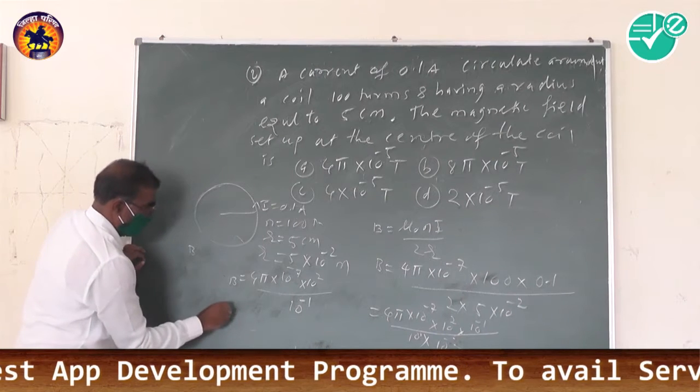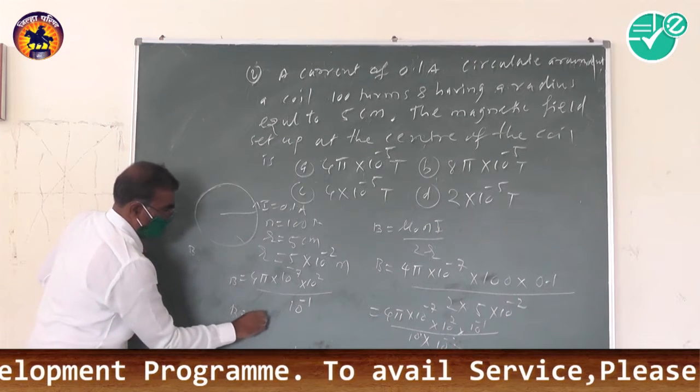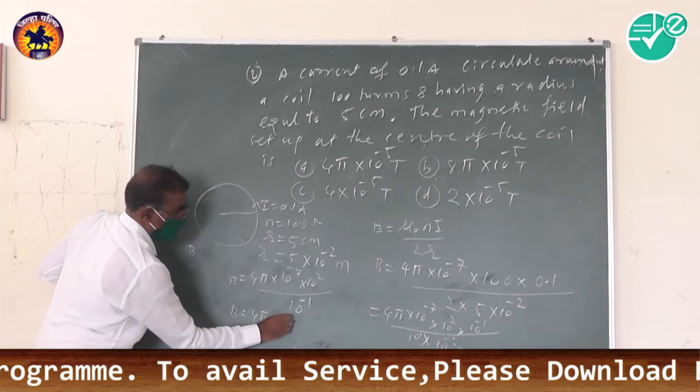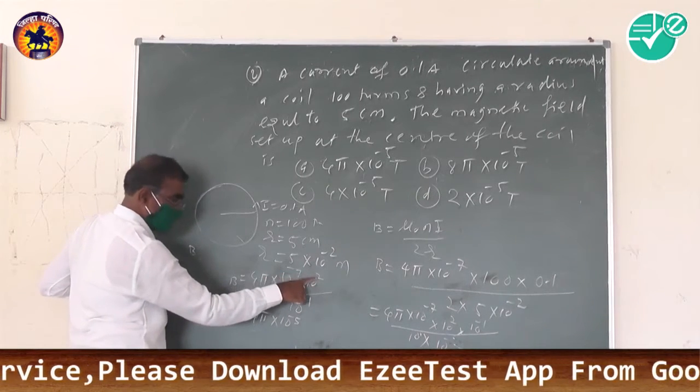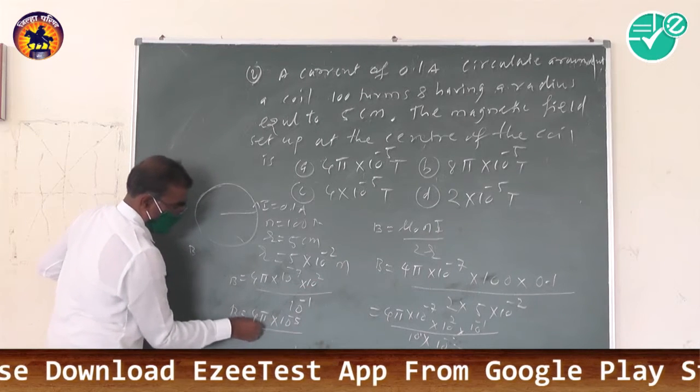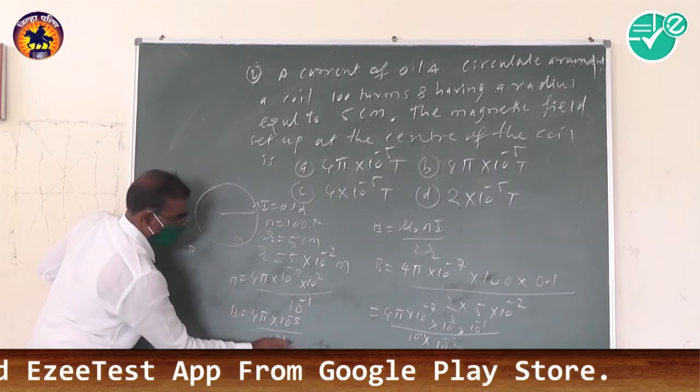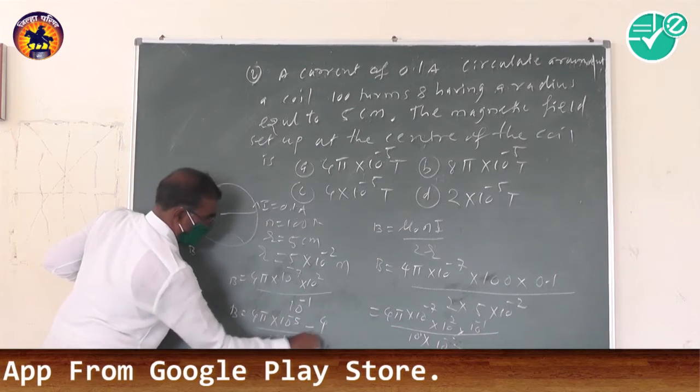Here B equal to 4 pi into 10 raised to minus 5, divided by 10 raised to minus 1.